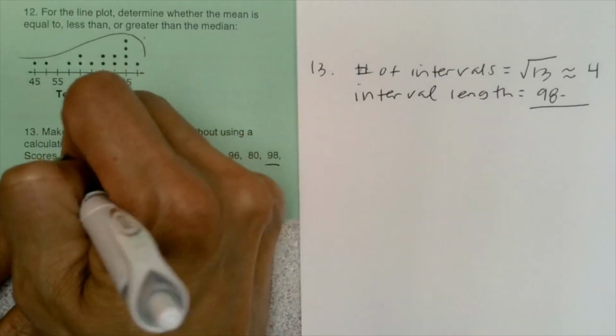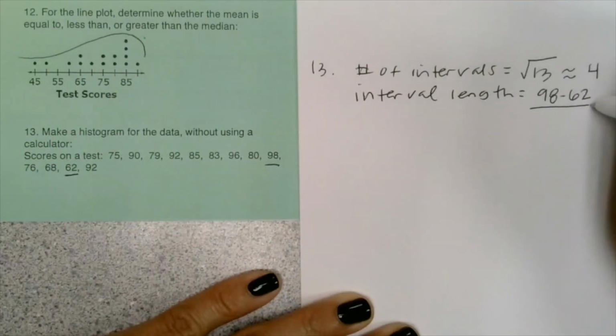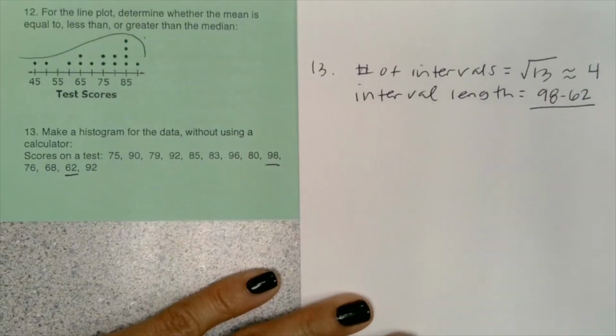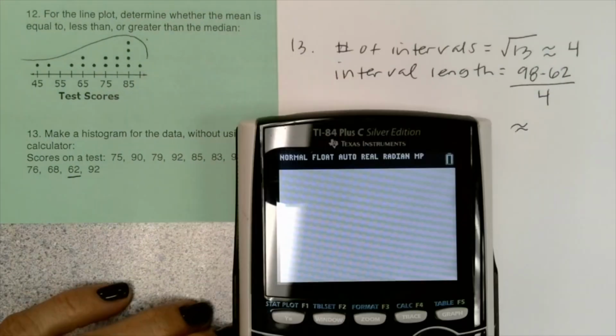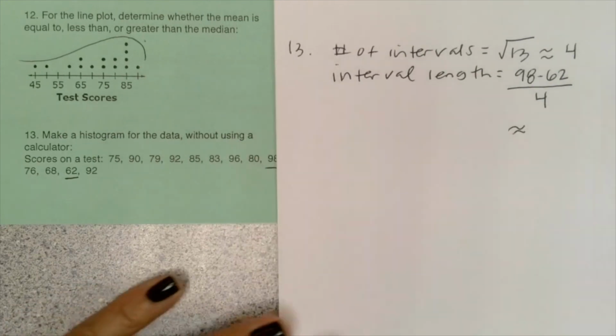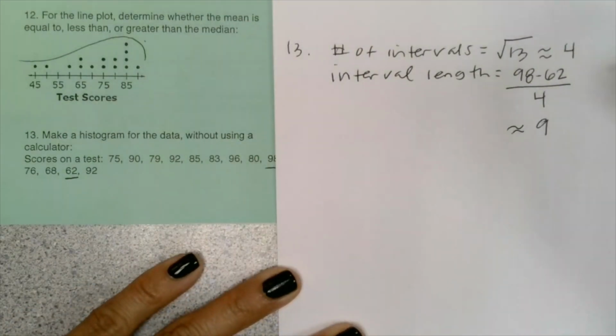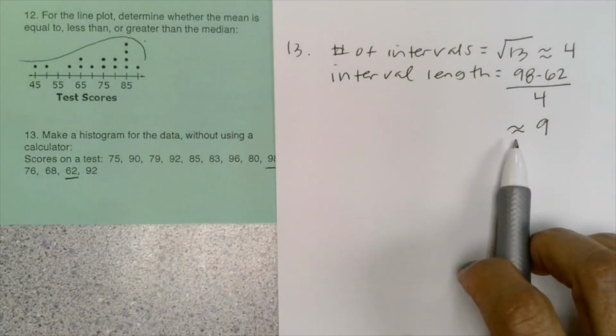And that looks to be 62. And then you divide that by the number of intervals, which we just got was 4. So we're going to go 98 minus 62, divide by 4. So you're getting 9. So each interval length needs to be 9.